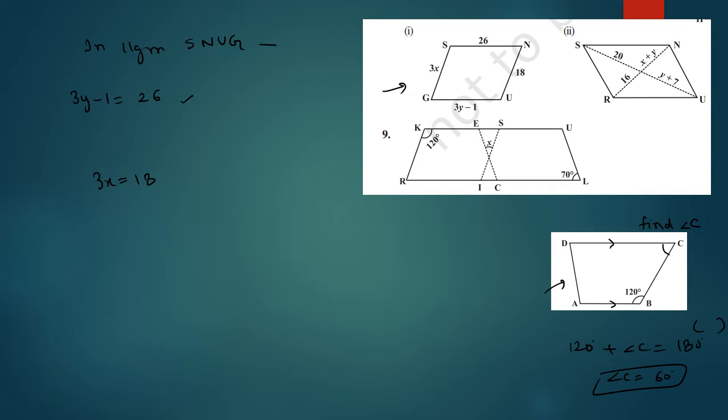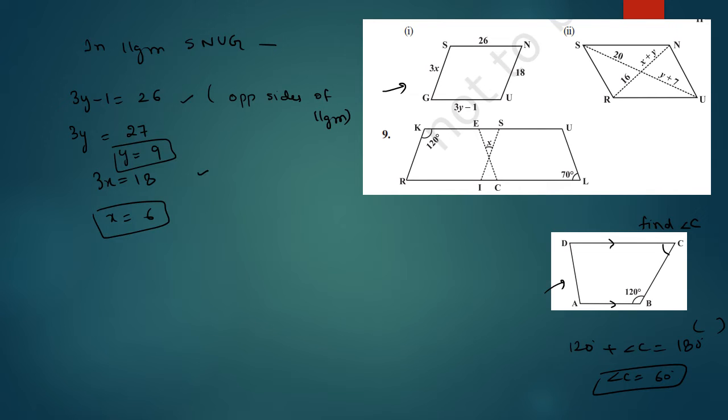Now don't you think these are linear equations in one variable which you have to solve, and you know how to solve them, right? And you have to write the reason also: opposite sides of a parallelogram are equal. Parallelogram, this is the short form of it. So 3y becomes 26 plus 1, 27. Y becomes 27 by 3, that is 9. And here 18 by 3, that is 6.